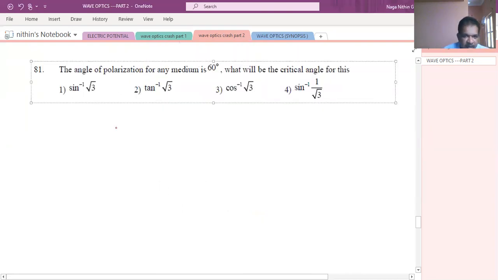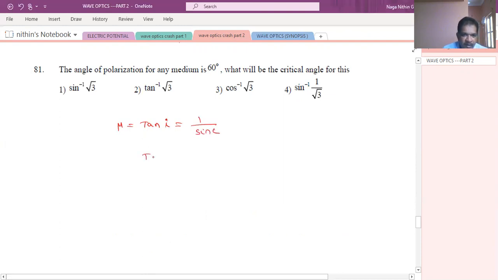Next, angle of polarization is 60 degrees. What is the critical angle? Mu is equal to tan I, and this is equal to 1 by sine c. Here tan 60 is equal to 1 by sine c. Tan 60 is root 3, na? Root 3 is equal to 1 by sine c.